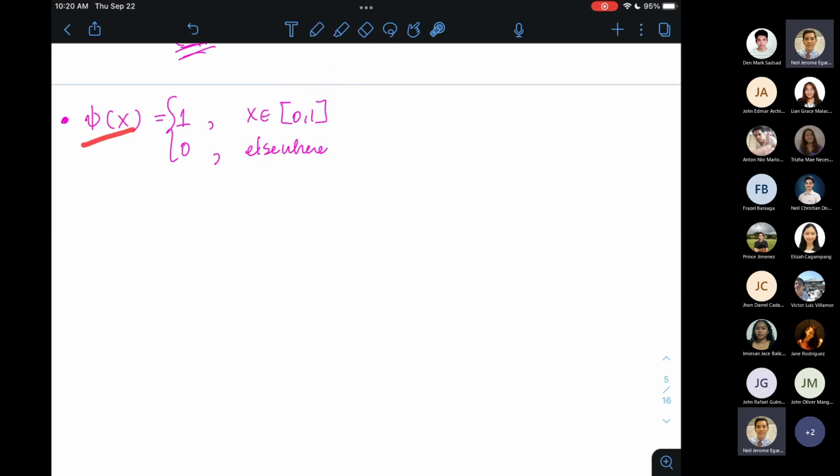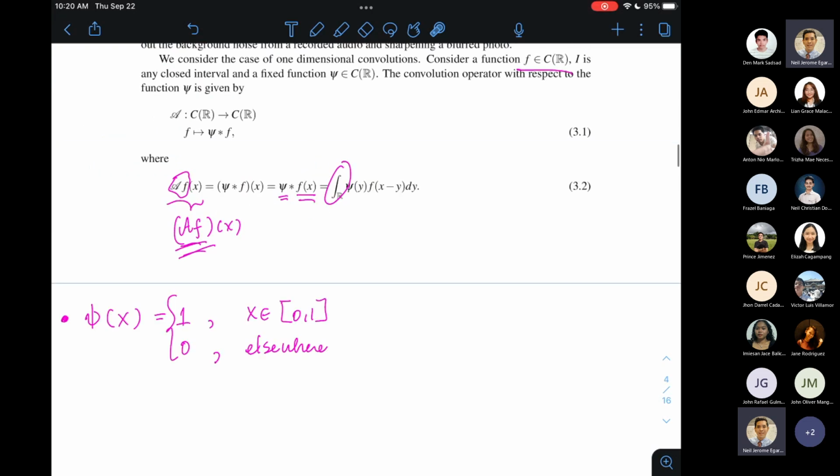So we can say that psi is supported on the closed interval [0, 1], because outside of [0, 1] it is 0. This makes our integration much easier, because instead of integrating from negative infinity to infinity, I can just integrate over the support of psi.